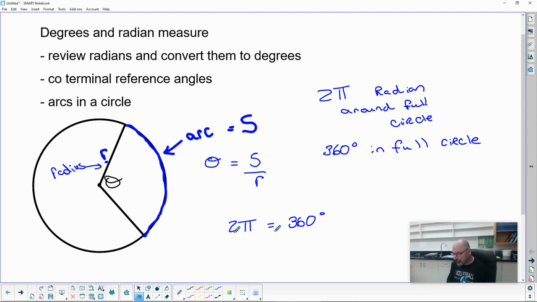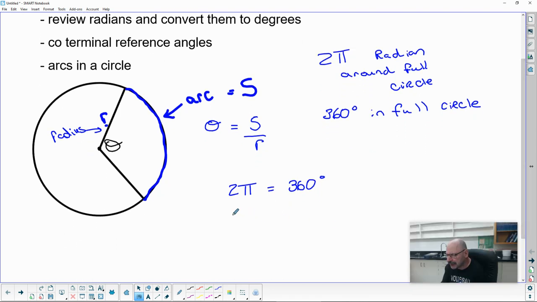So this would be our relationship. If we simplify that a little bit, we can divide both sides by 2. We know the relationship is that pi radians is 180 degrees. So a straight line is pi radians, 3.14 radians, if we round it off like that. So this is our basic relationship right here.